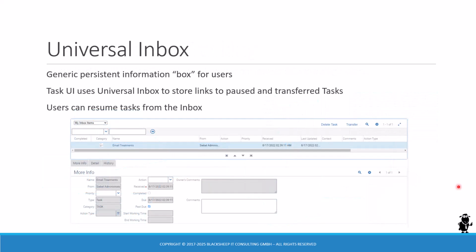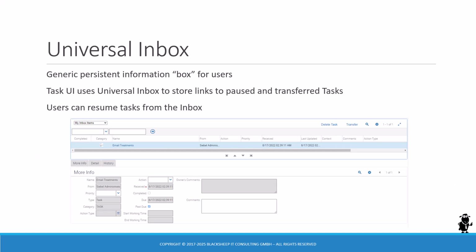Universal Inbox is an underrated tool, if there's any underrated tool in Siebel, as it is an information box for users, so you can not only use it for Task UI, but you can use it for any object in Siebel CRM where you need a notification, a way of pausing and transfer information or tasks from one user to the other.